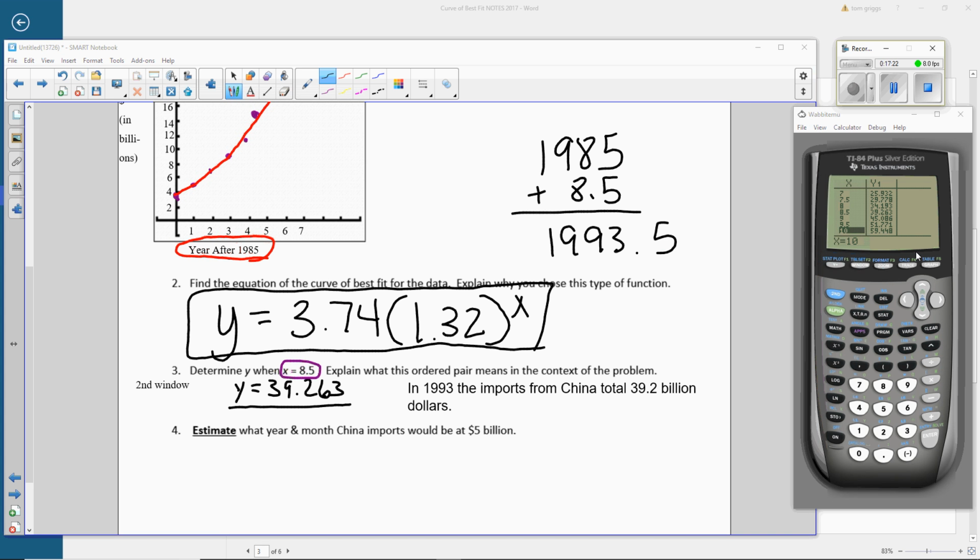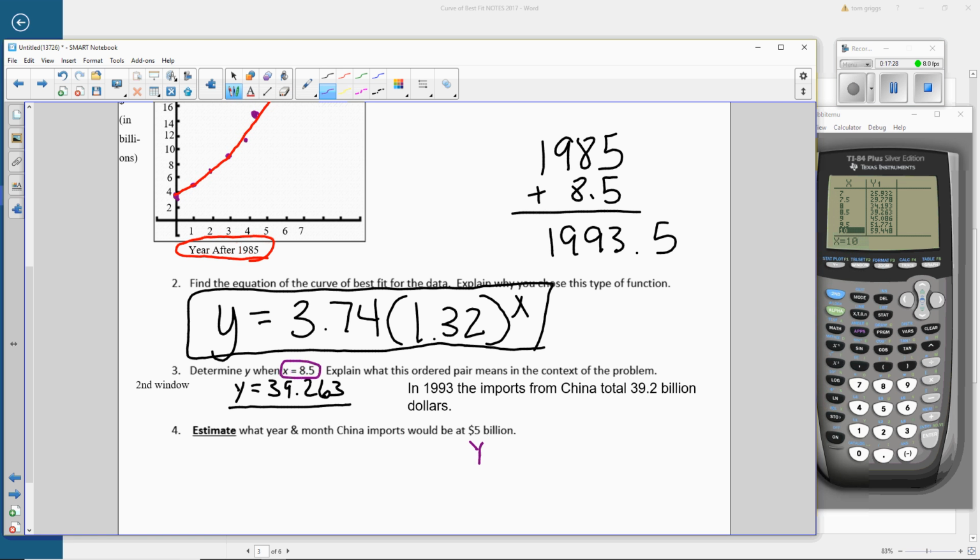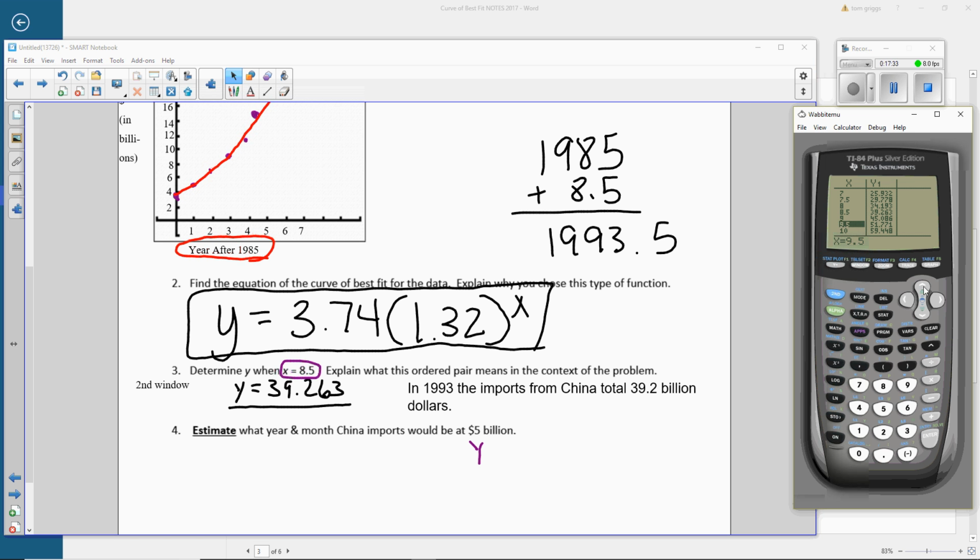And then the final question, estimate what year and month China imports would be at 5 billion. This is our y value. So again, this is just an estimation. So we need to go in our table and find where y is 5. So we've got to go back here. And it looks like somewhere between 1 and 1.5.